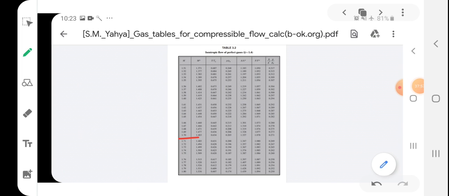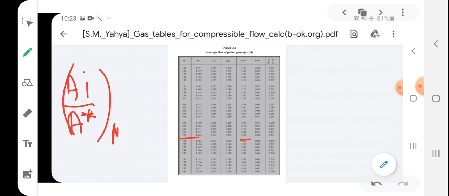AI by A star corresponding to Mi equal to 1.7 is around 1.337, which we have already obtained.